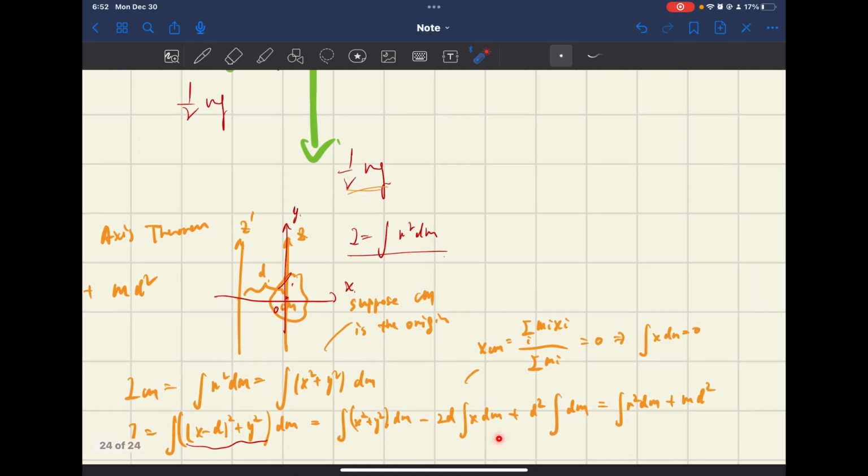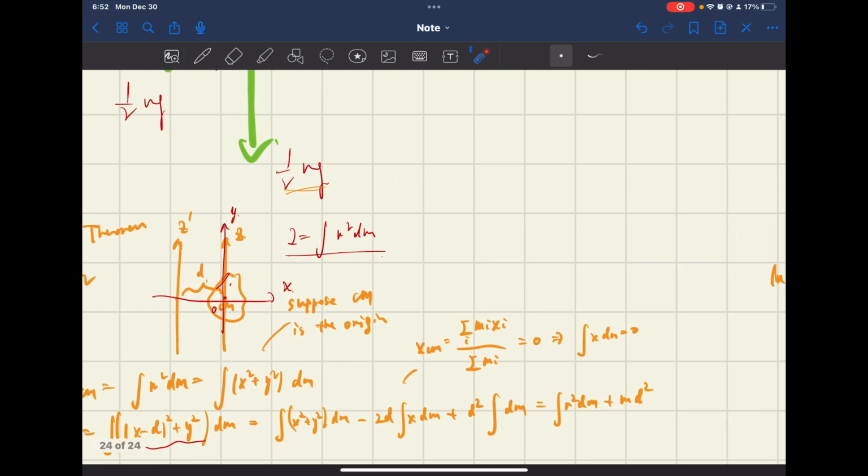Then we break it apart and we get this. Here are three terms. This term is equal to I_CM. This term is equal to 0. Here's why.